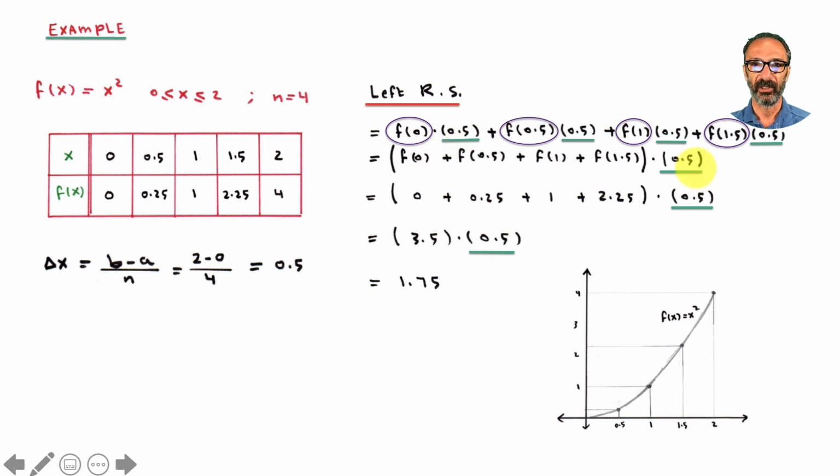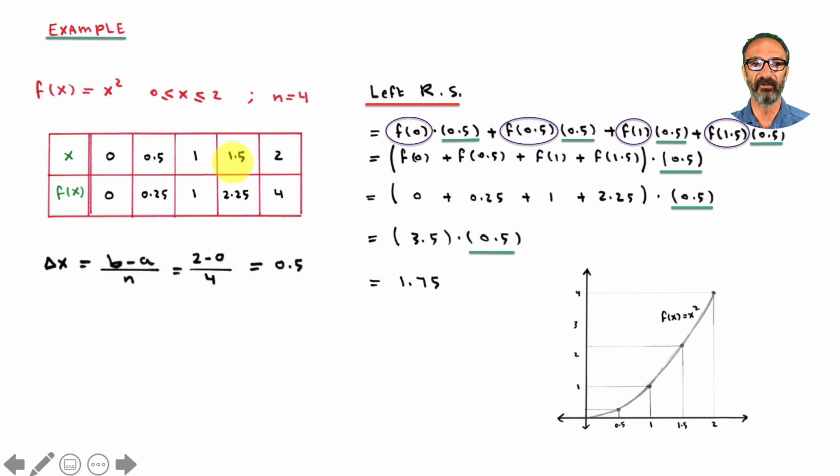You see, math is all about patterns and simplifying to make things easier for us. Now, notice also another thing. If you want to skip this step and start from this step, you know this and you know why you have it outside. This is the base times the first height times the second height times the third height times the fourth height. 0.5, 1, 1.5.